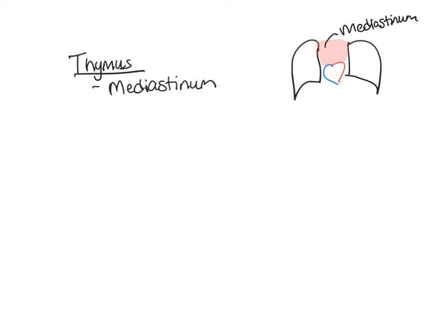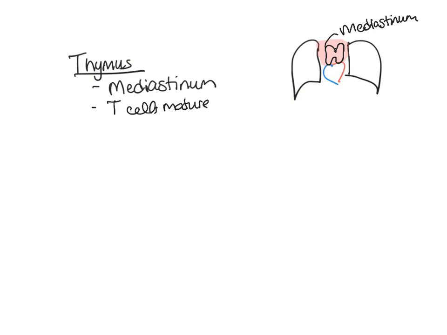So right above your heart, right in front of those major blood vessels, is this lymphatic organ. This is the site of T cell maturation. So this is where T cells mature.